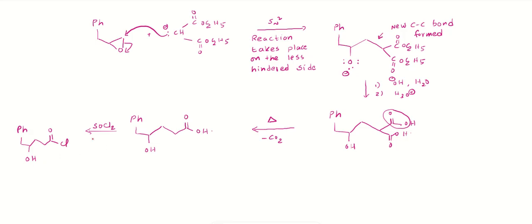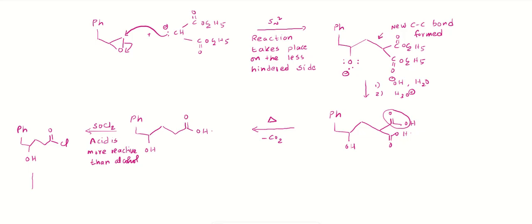Here the acid is more reactive than alcohol. Therefore the OH stays, and we get the C double bond O Cl here.